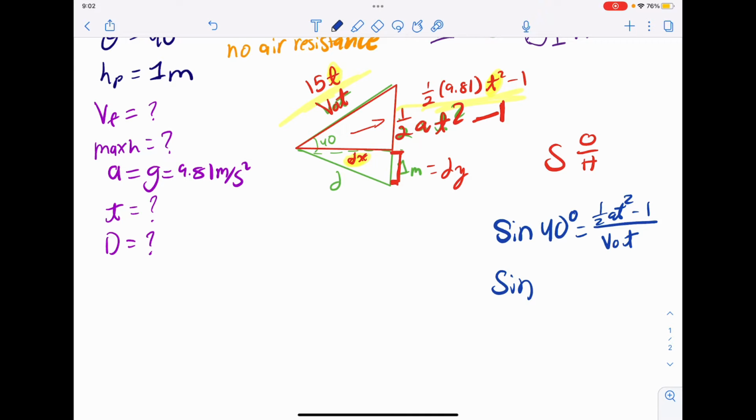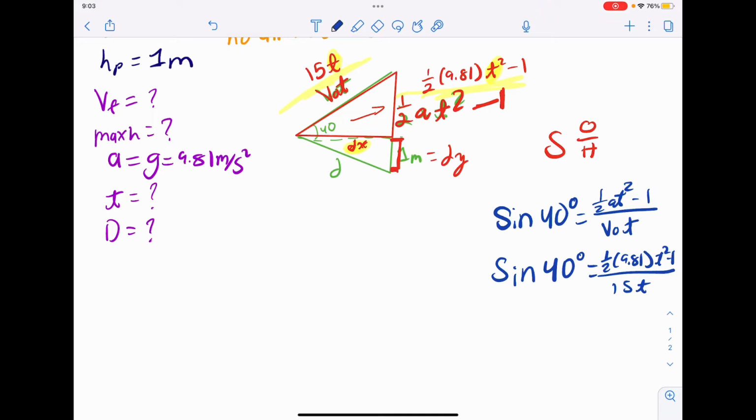We get sine of 40 degrees is equal to half 9.81 t squared minus 1, over V naught, which is 15 t.